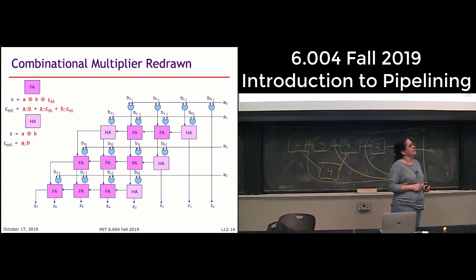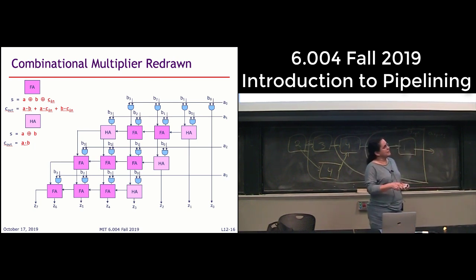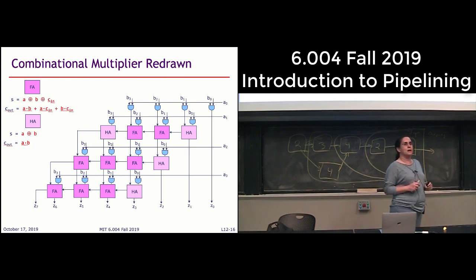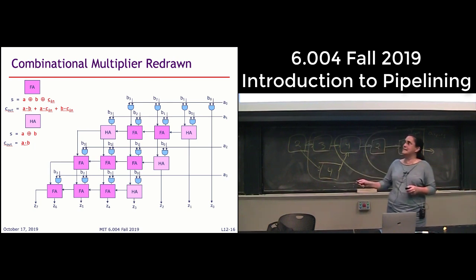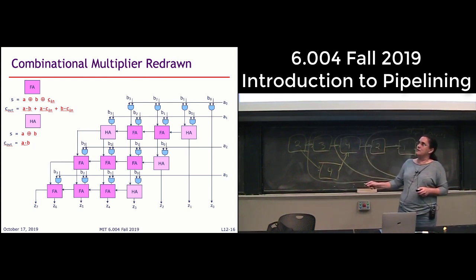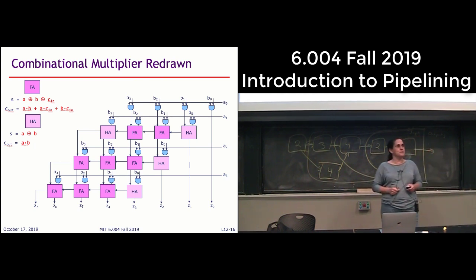Okay? So this circuit is basically the same thing as we saw before, but now it has all these full adders explicitly shown here. And notice that each of these adders is shifted by 1 to deal with that shifting that we saw in the previous slide. All right, so now let's try to analyze the performance of this thing.